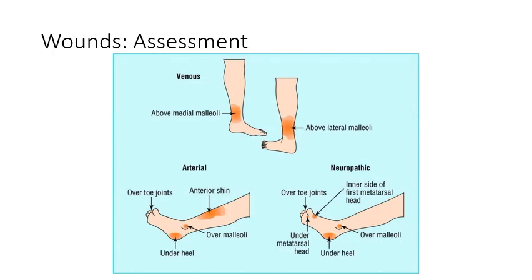I'm assuming you all have seen these wounds, and whenever you notice a wound, you'll immediately start thinking, could this be venous? Could it be arterial? Does the patient have diabetic neuropathy? And these are common sites for venous, arterial, and diabetic neuropathic wounds.